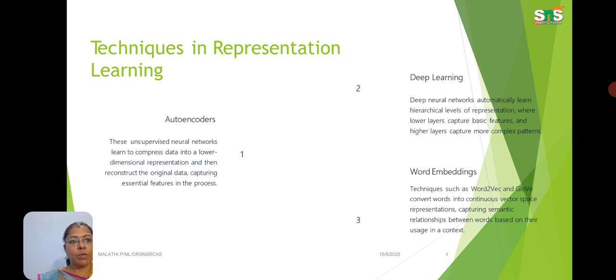If it is a higher one, it captures the complex features. And the word embeddings, like Word2Vec and some other software, are used to convert words into continuous vector space representation, and also capture the semantic relationship between the words based on their usage in the context.